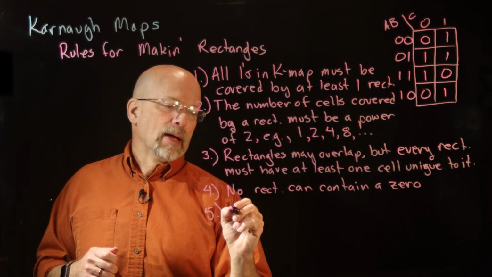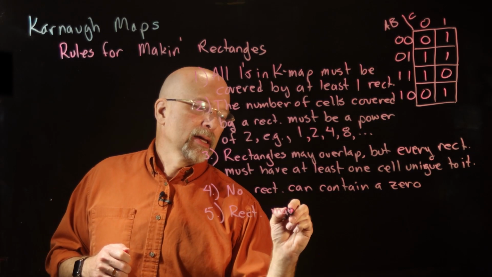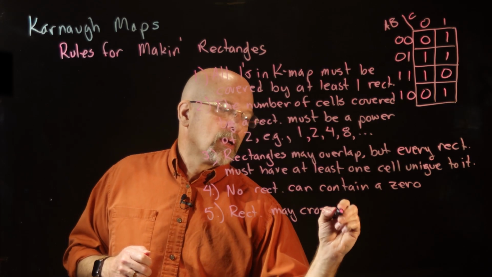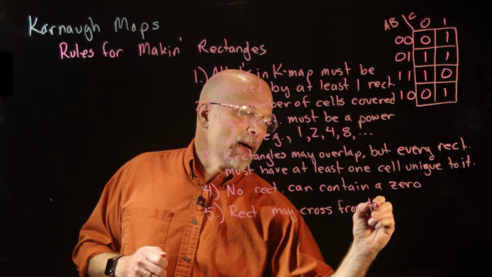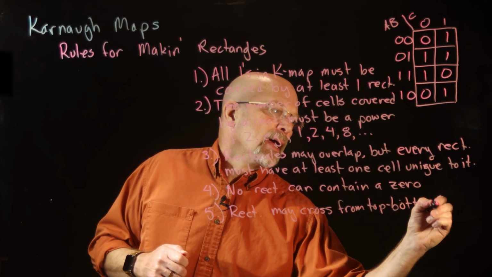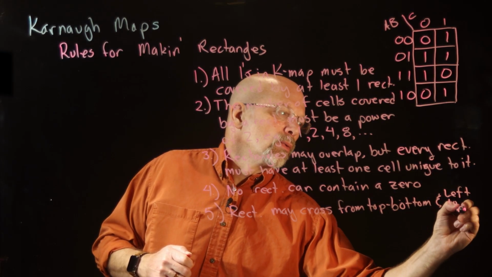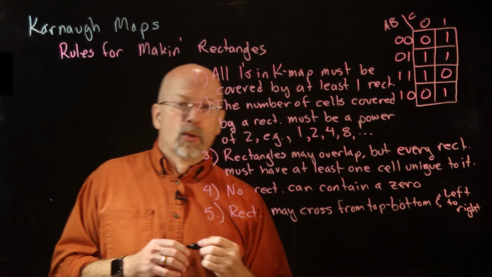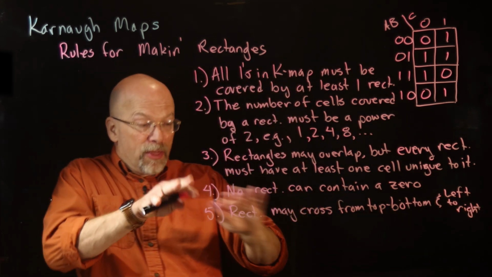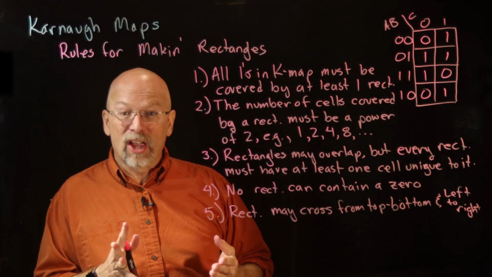5. Rectangles may cross from top to bottom and left to right. In other words, they may cross borders. Now, this is all based on the fact that we've got this numbered in gray code.